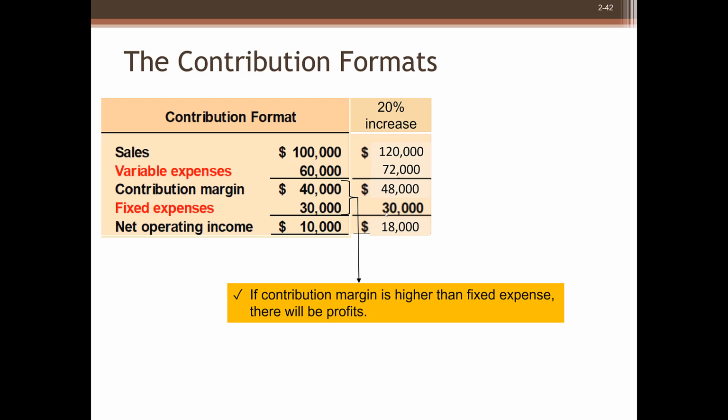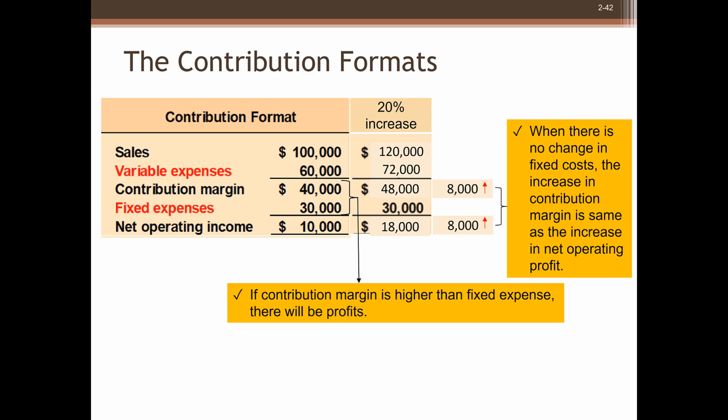Fixed expenses are constant, $30,000. So net operating income will be $18,000, increased $8,000. Both contribution margin and net operating income increased $8,000. If there is no change in fixed costs, the increase in contribution margin will be the same as the increase in net operating profit.